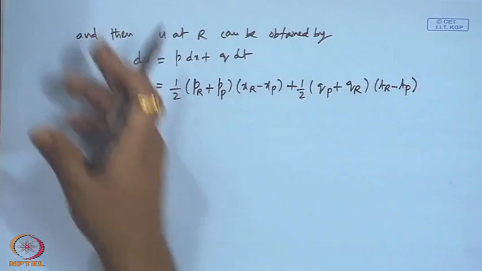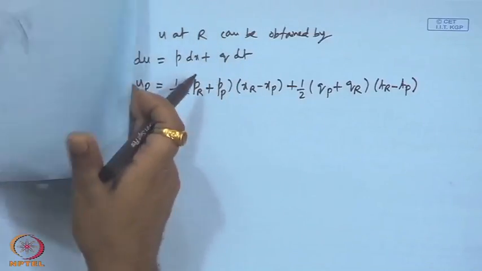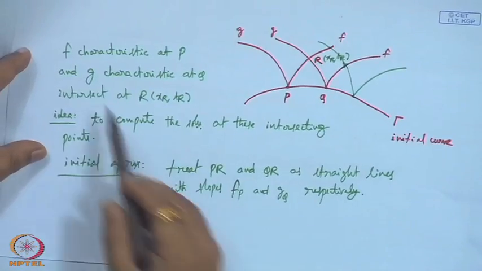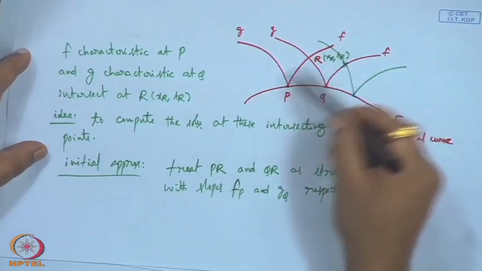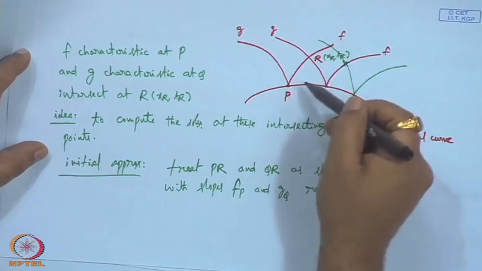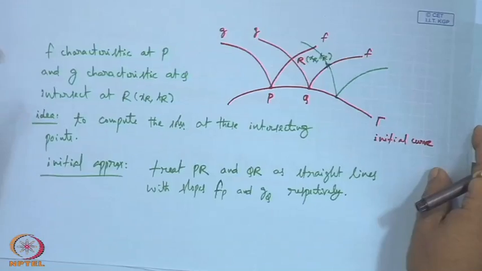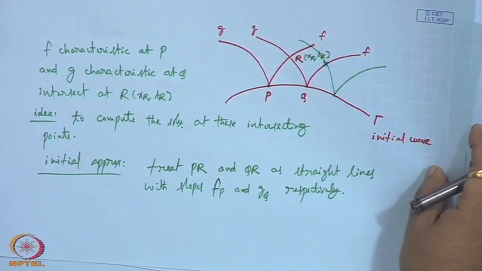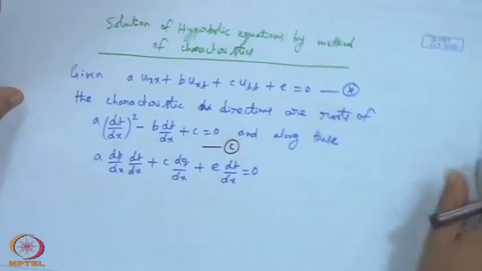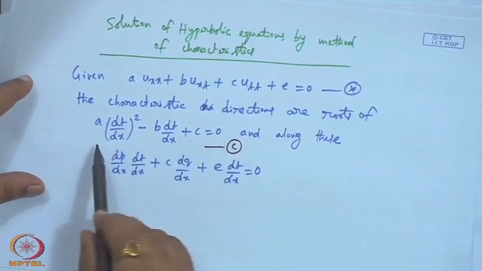So, let me have a quick brief, because this is slightly complicated. So, we have at each point two characteristics. So, then we would like to make use of the characteristics and get the solution. So, before we arrive at the characteristics, the important tool on which we are relying is this. Okay.